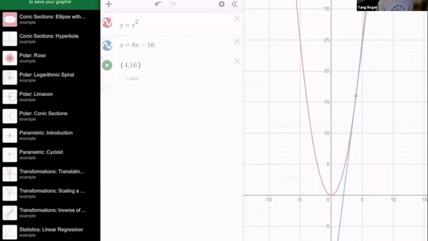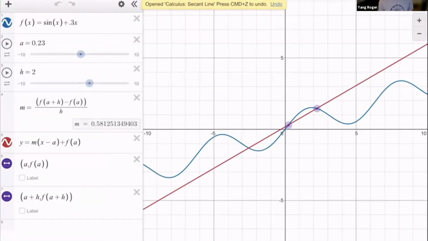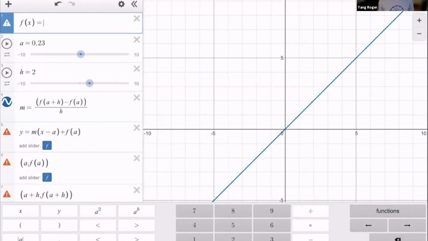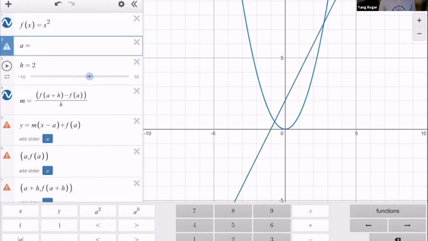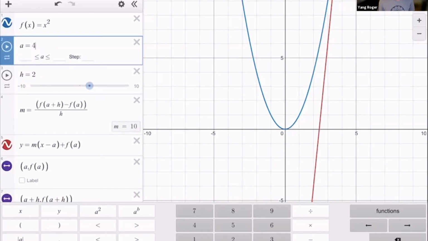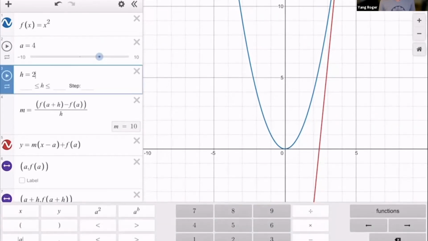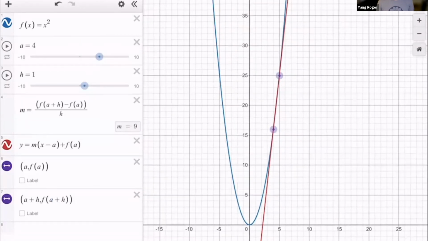Just to make sure we all understand conceptually what's going on, if I have this thing over here and I change this to be x squared, and then I make my a point equal to 4, and if I have my h be equal to like 1, it's kind of hard to see, but as I move the h closer and closer to a, we close in on our tangent line.